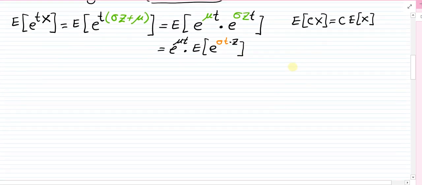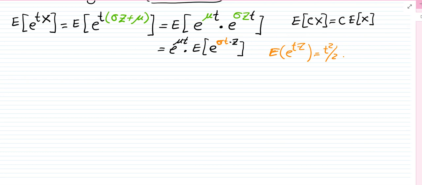Now, the reason I did that is because we just did expected value of e to tz, and that turned out to be e to t squared over 2. Well, instead of t now, we have sigma t, which is again a function of, think of it, variable t.